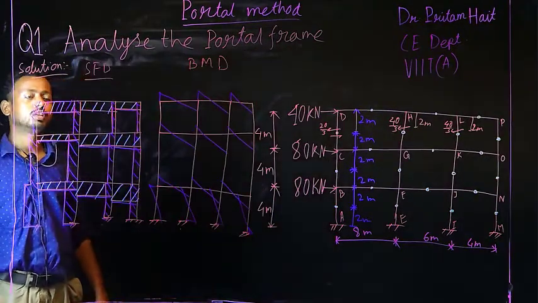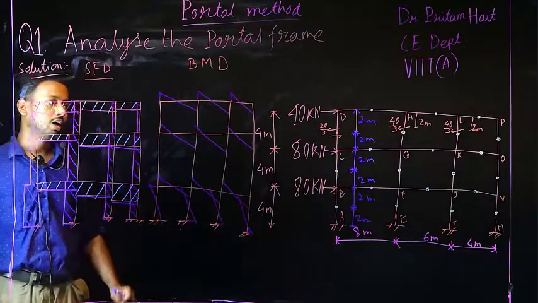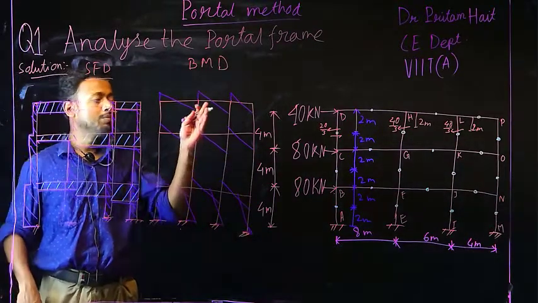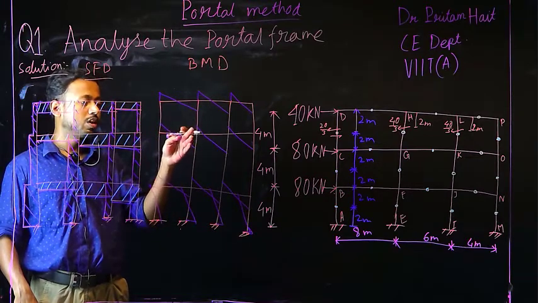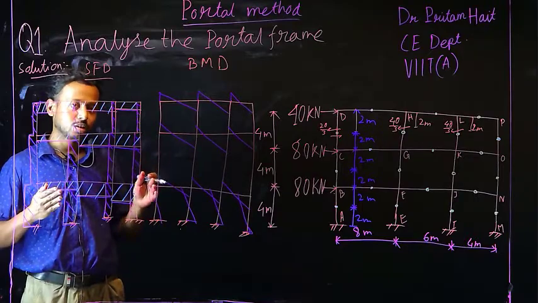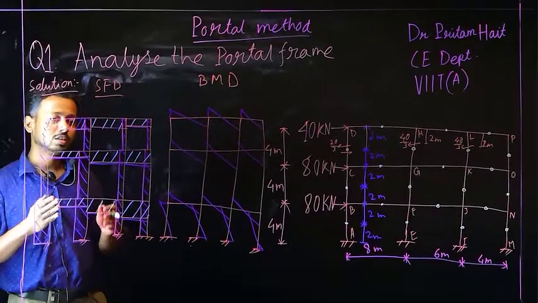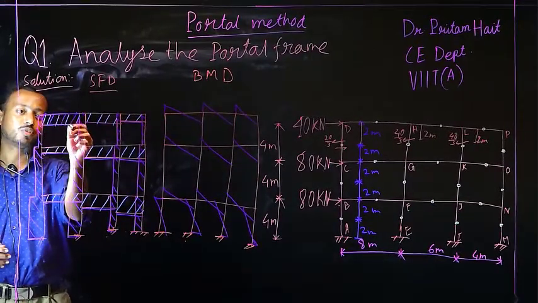Now we will draw the shear force diagram and bending moment diagram of the given portal frame. I have calculated the beam moment, beam shear, axial force in column, and moment in column. So I can draw the shear force diagram here. Just see, these are the shear forces.